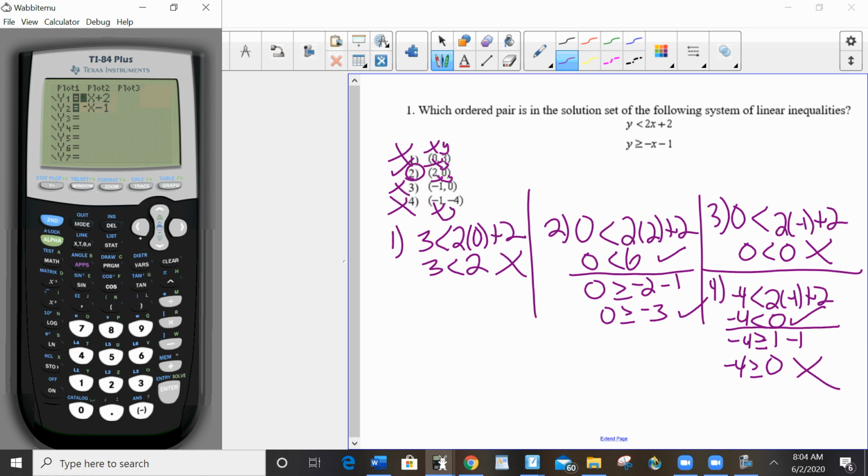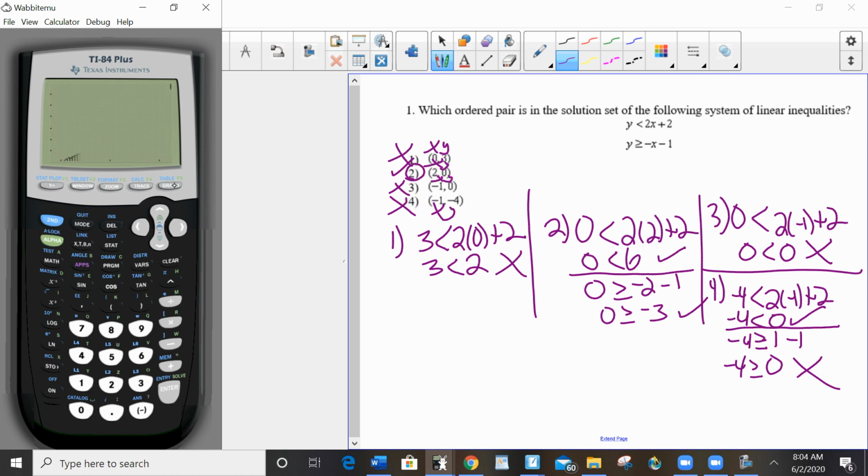Now on the left, you see right now it's a solid line. Well, we want it to be less than. So if I hit enter, it's a thicker line. If I hit enter again, it's pointing up, that's greater than. If I hit it again, it's pointing down, that's less than. The second inequality is supposed to be greater than, so I'm going to hit enter until it's pointing up.